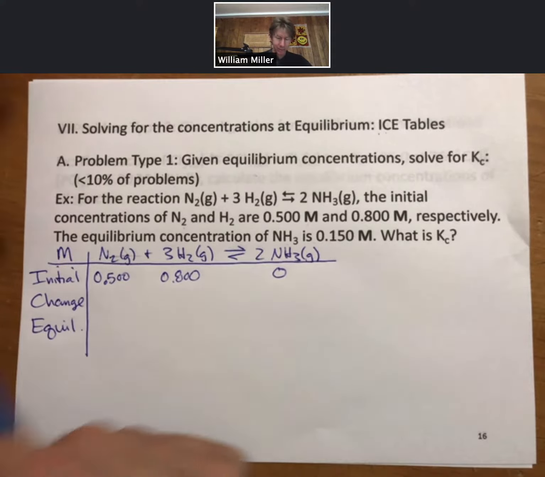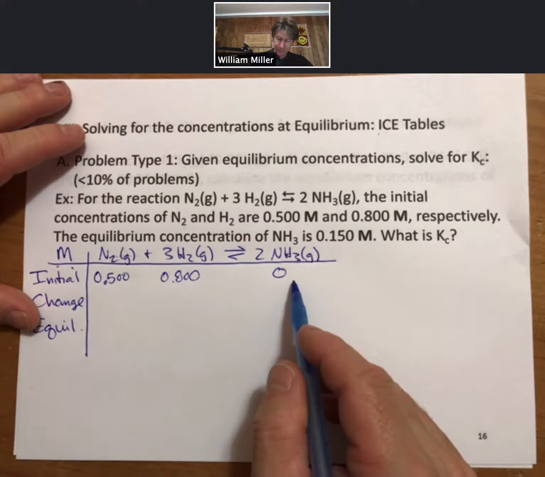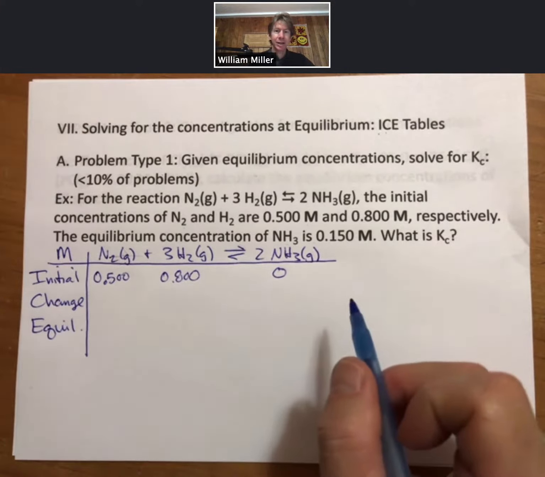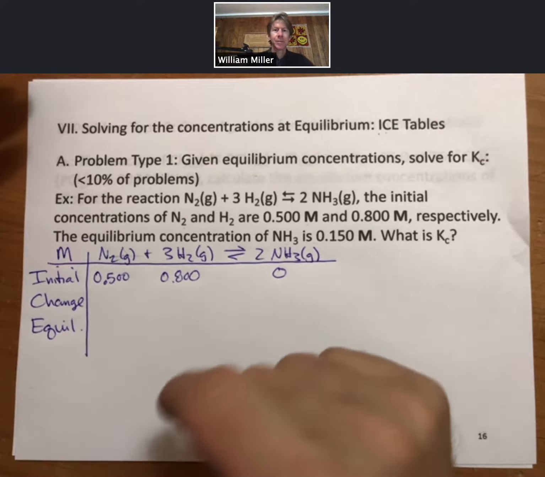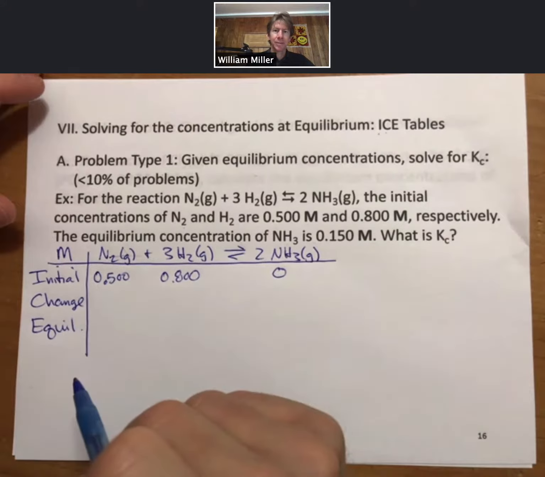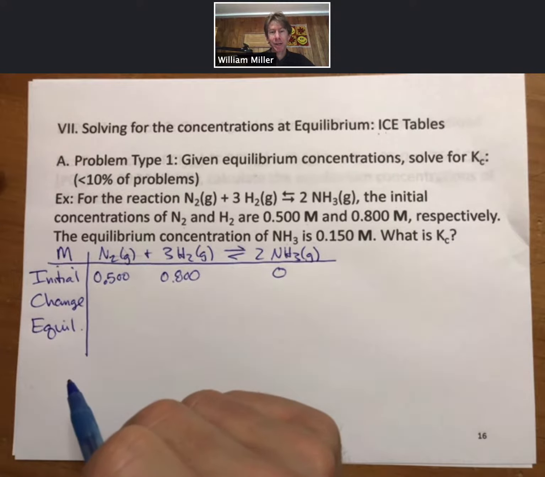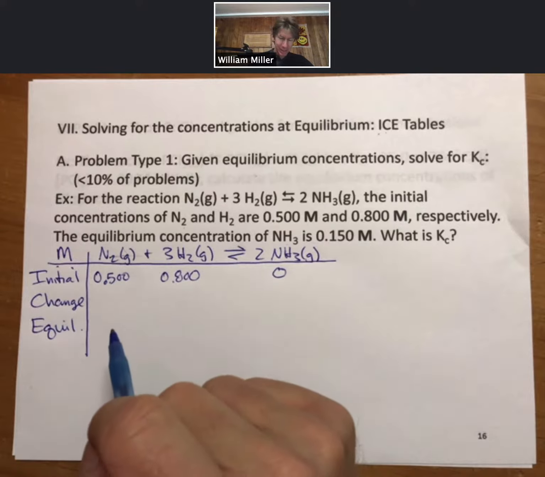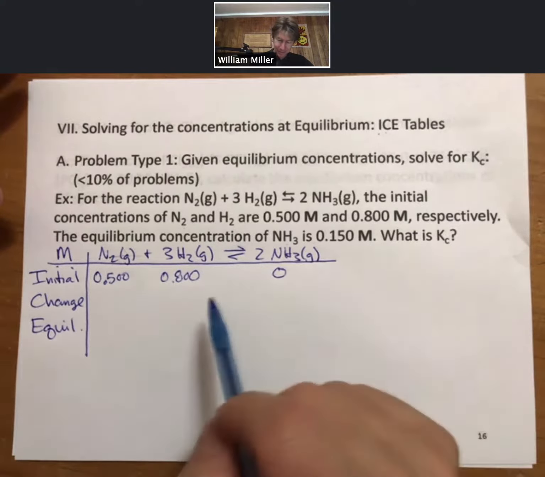We're doing this reaction in the forward direction, and if we were to calculate Qc from the previous video, it would have a 0 in the numerator, and therefore Qc would be 0, and Qc by definition is less than Kc, whatever it is.